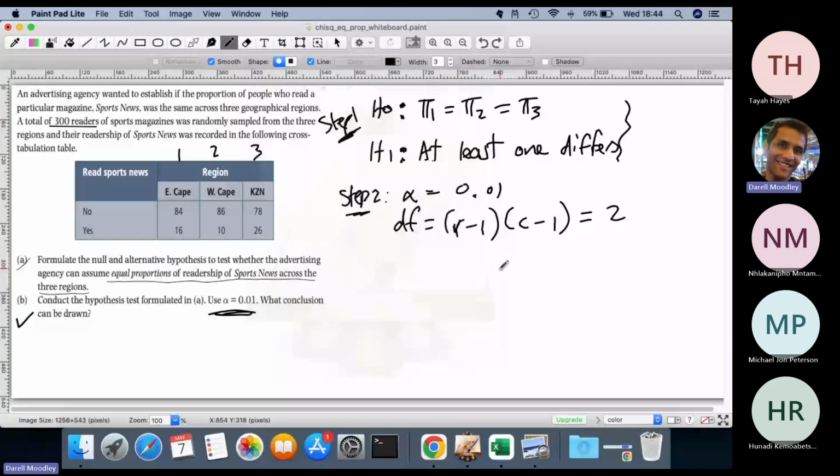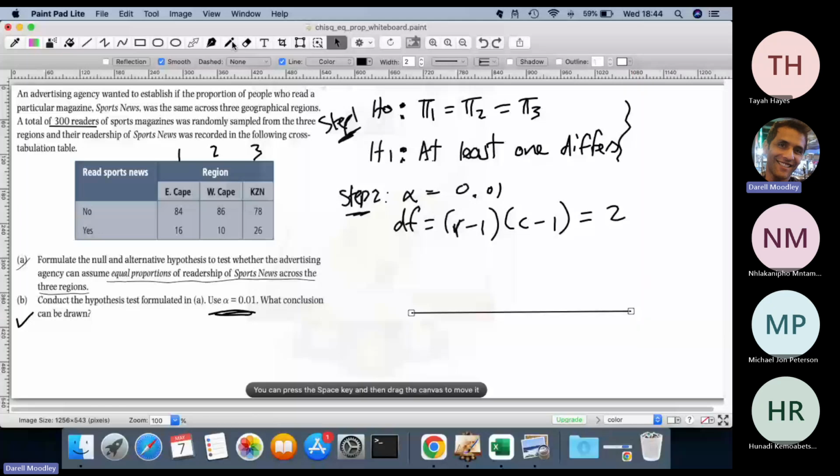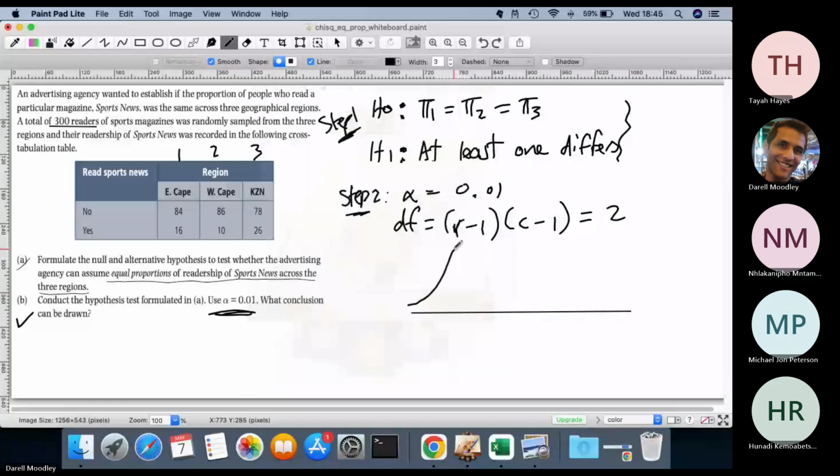All right. So now we need to go to our table. Okay, and this is where I'm going to quiz you now. See if you can understand this table. I'll sketch it here. Remember, the size of this rejection region is now 0.01. The size of this alpha is 0.01, and your degrees of freedom is 2. So what is this critical value here?